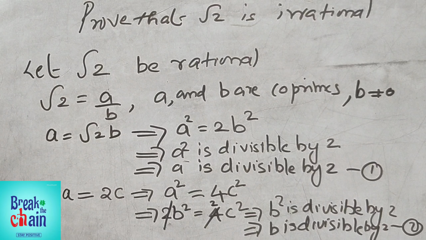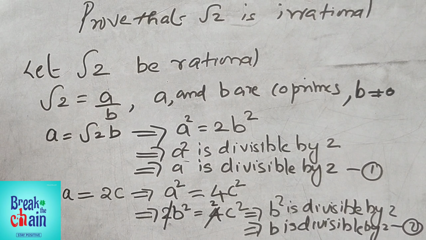What does that mean? That means that both a and b have a common factor 2. Is it possible? It is not possible because we have assumed that a and b are co-primes. So why did it happen? This happened because of our wrong assumption.